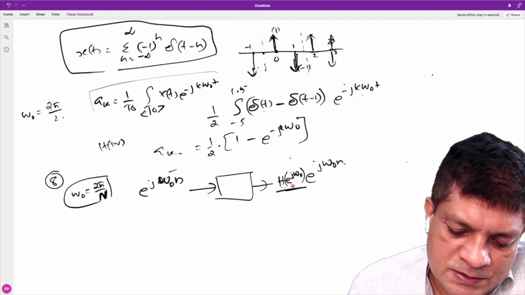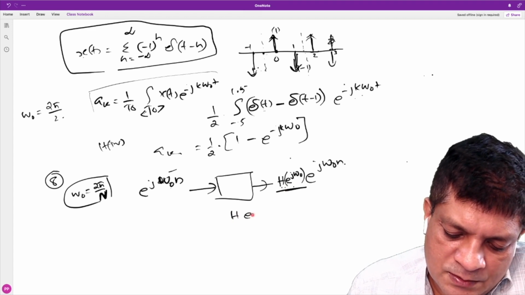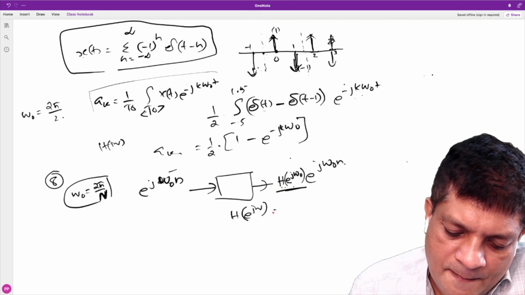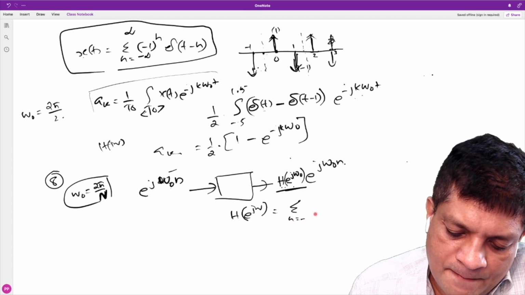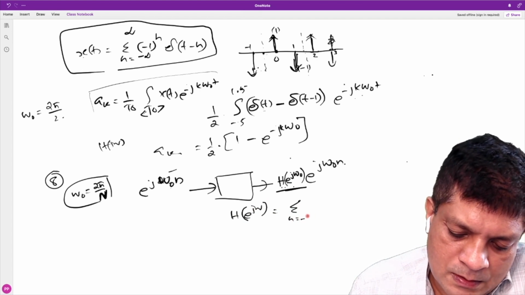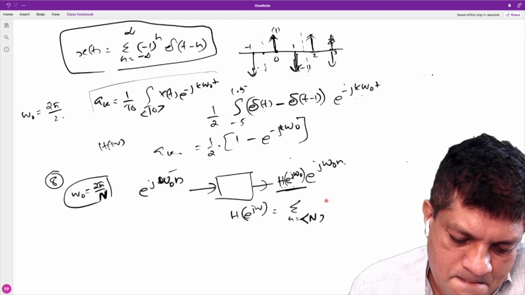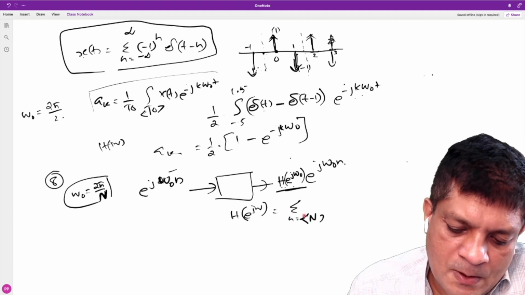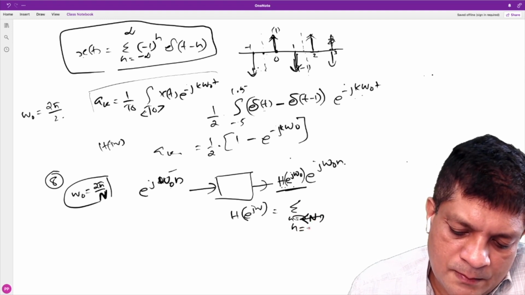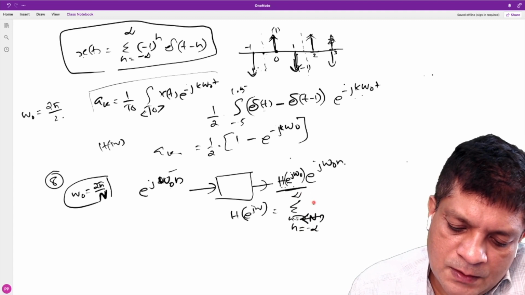So the property is the same. So here H(e to the power j omega) is a summation from minus infinity to infinity.